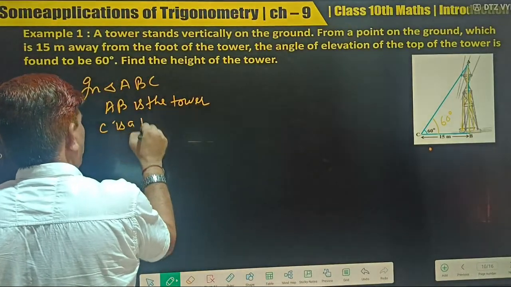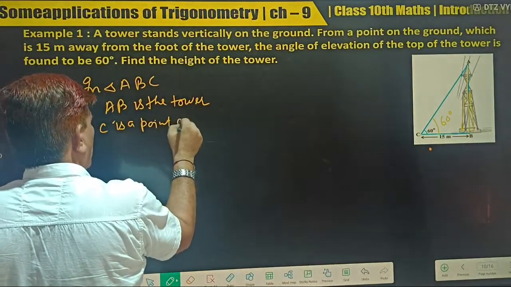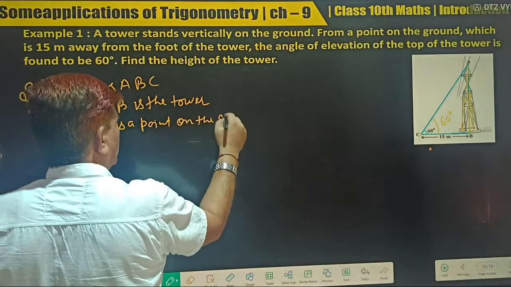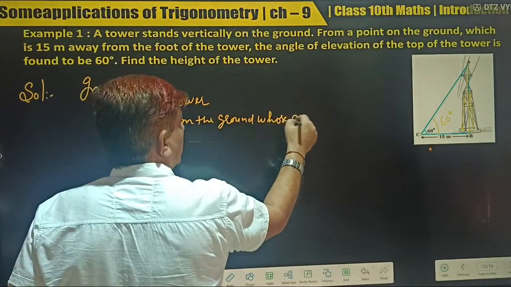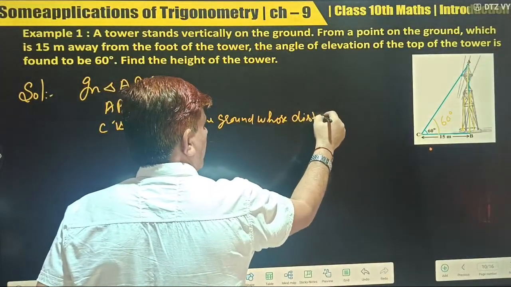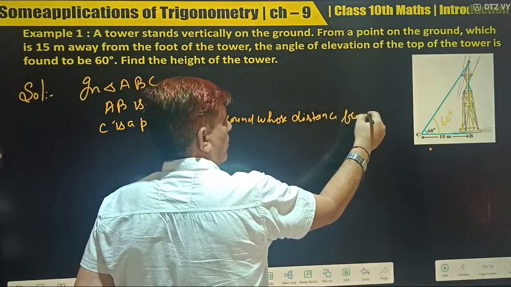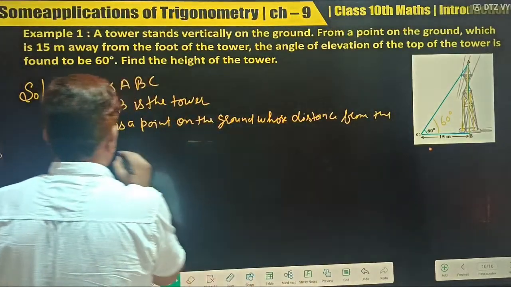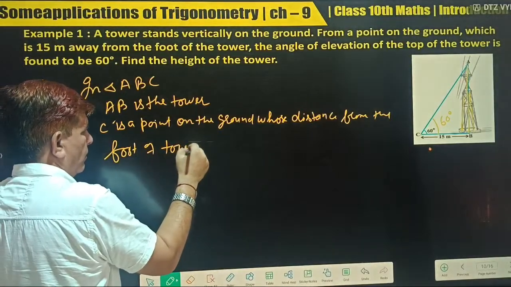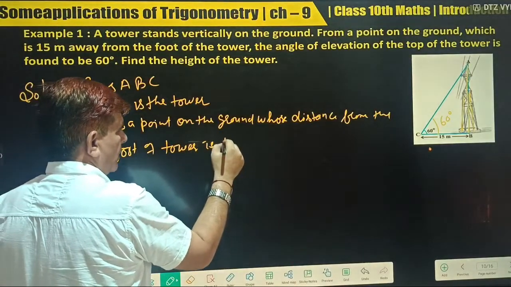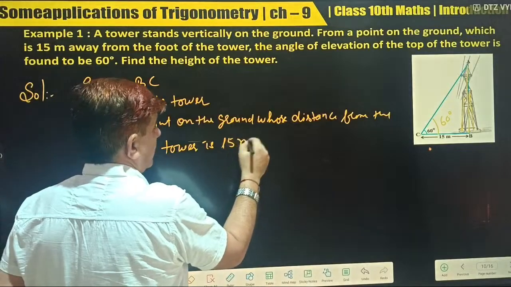C is a point on the ground whose distance from the foot of the tower is 15 meters.